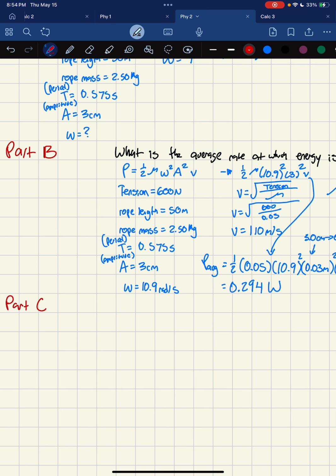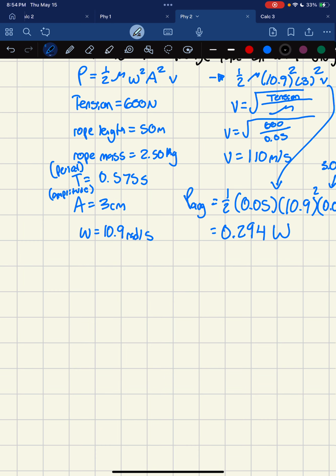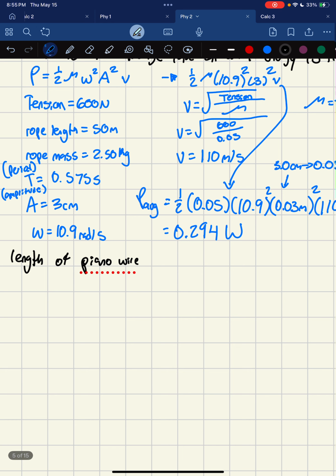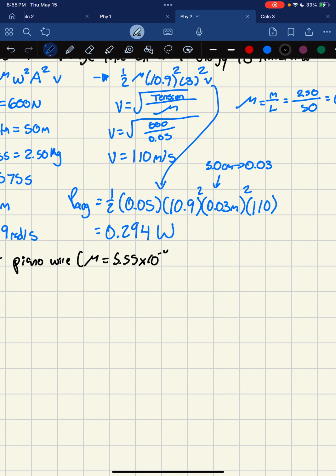Part C. This one says length of piano wire. The mass density is equal to 5.55 times 10 to the power negative 4 kg per m.